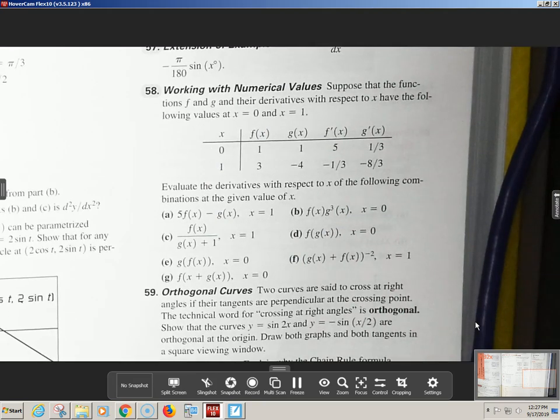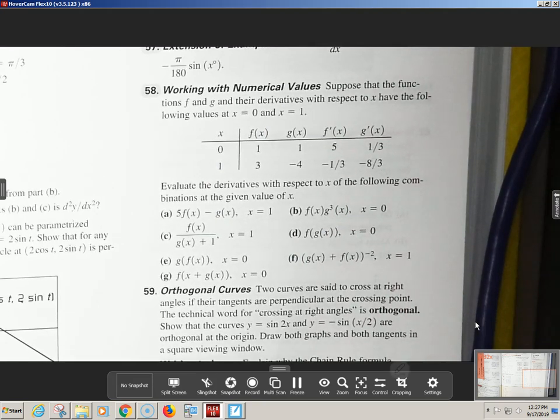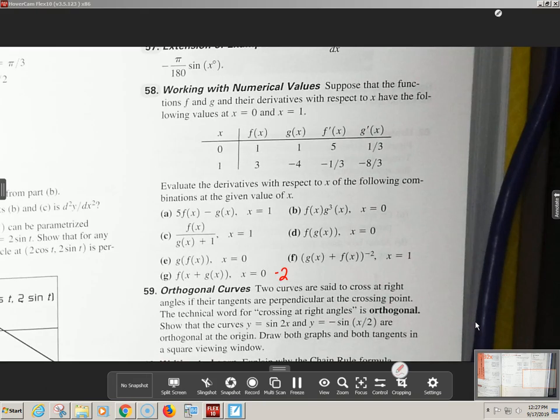As for your derivative, you would have had your negative 2 times g of 1 plus f of 1 to the negative 3 times u prime. So bring down the negative 2, subtract 1, u prime would have been g prime of 1 plus f prime of 1.